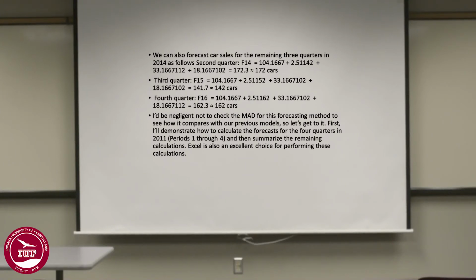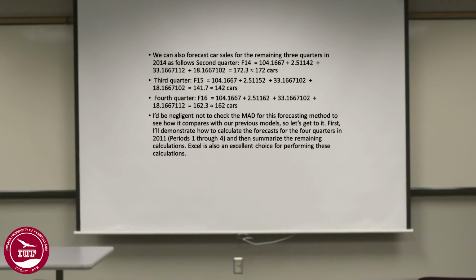We can also forecast car sales for the remaining 3 quarters in 2014 as follows. Second quarter, F14 equals 104.1667 plus 2.5 times 14 plus 33.1667 times 1 plus 18.1667 times 0 equals approximately 172 cars.